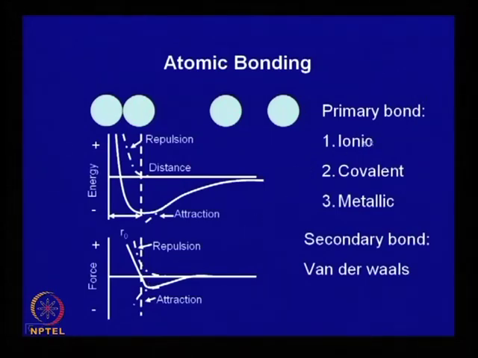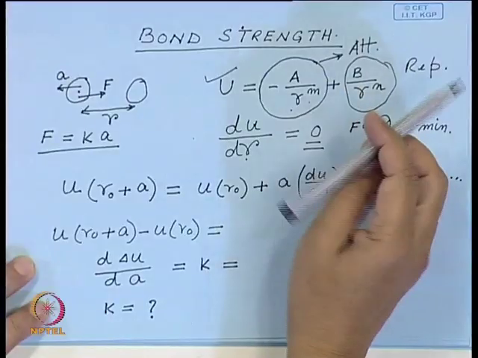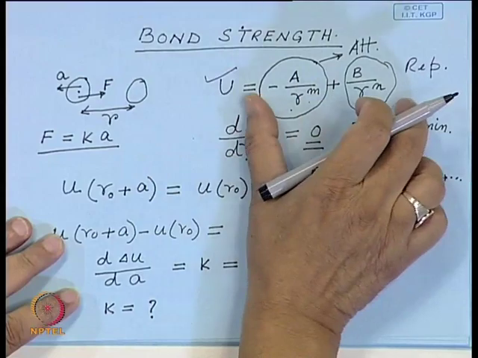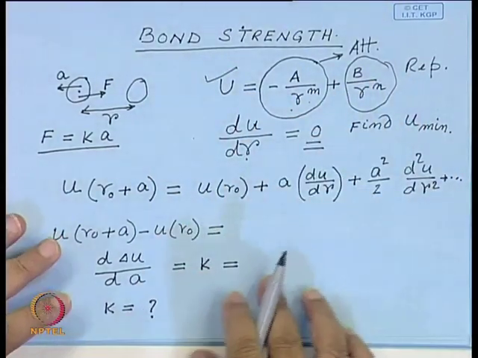And here again, these are the 3 primary bonds, and this is the secondary bond, the van der Waals bond. In all these cases, the interaction energy can be given by an expression like this.